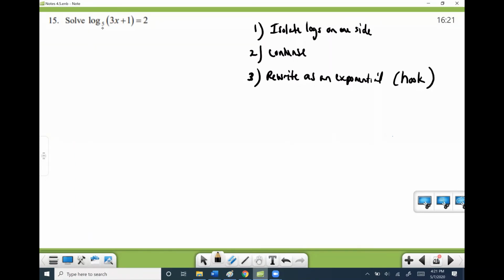So we're going to start with the 5, and we're going to say 5 to the second power equals 3x plus 1. And from here, smooth sailing, huh? We're all like, okay, I can solve that now. 5 squared, got it.